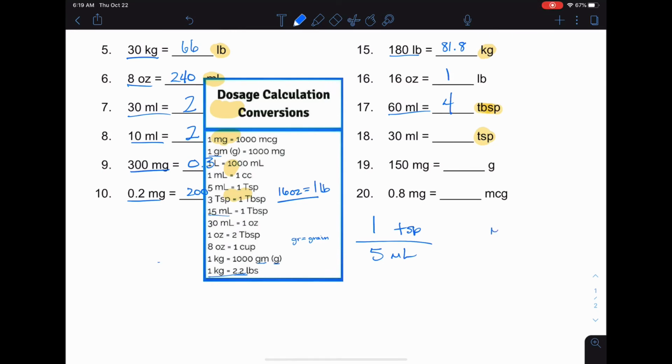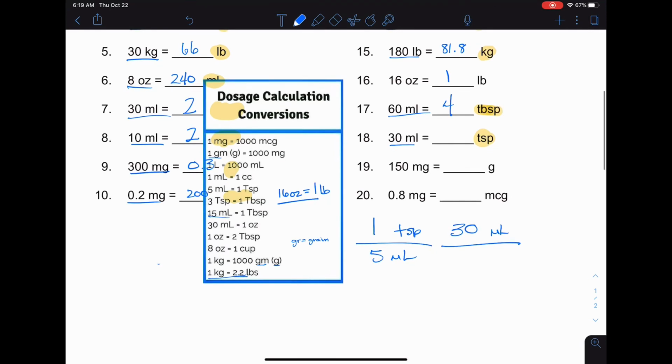Put mils on top so it'll cancel out. Our question is in mils, so we don't need to pull in any other numbers. We can go straight to it. 30 mils. Those cancel. Throw that over 1. Now we can multiply across. 30 divided by 5, and that equals 6 teaspoons.